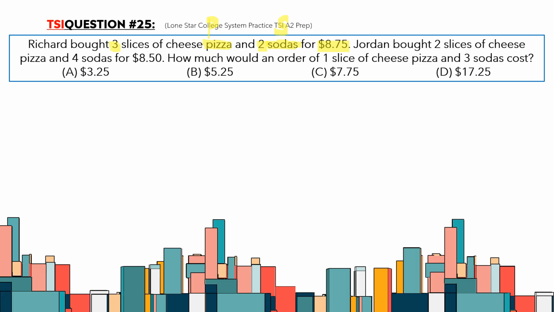Then we also have 2 slices of cheese pizza and 4 sodas for $8.50. The question is how much 1 slice of cheese pizza and 3 sodas cost.